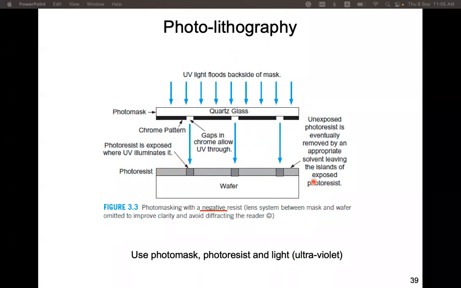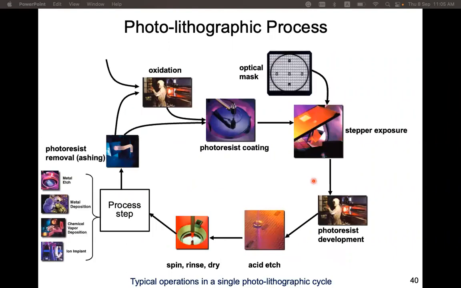Then we apply some process steps. Here shows the typical cycle for each process step. For example, to create the source and drain diffusion regions, we need to go through this manufacturing cycle once.